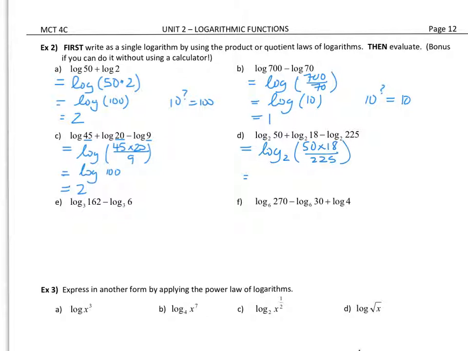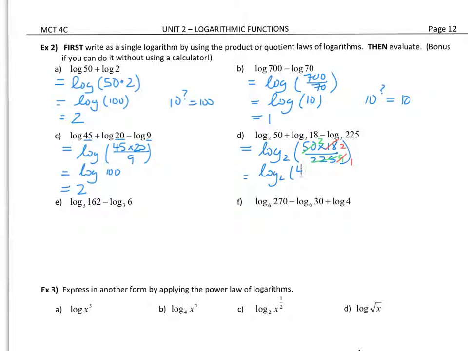I'm going to divide 50 by 25 and get a 2. I'm going to divide 225 by 25, and that would go 9 times. So that's going to give me 2 groups of 18 is 36. Oh wait, I can divide 18 by 9 and get 2, and 9 by 9 and get 1. That's going to give me the log of 4 with a base of 2.